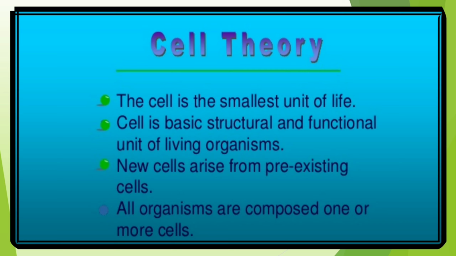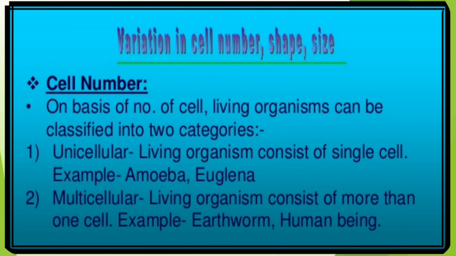All organisms, human beings, plants, animals, are composed of one or more cells. Cells are of different types, unicellular and multicellular. Unicellular consists of only a single cell. Yes, students, in the microorganism chapter we already studied that. Amoeba and paramecium are unicellular, and we are made up of more than one cell, so we are all multicellular.